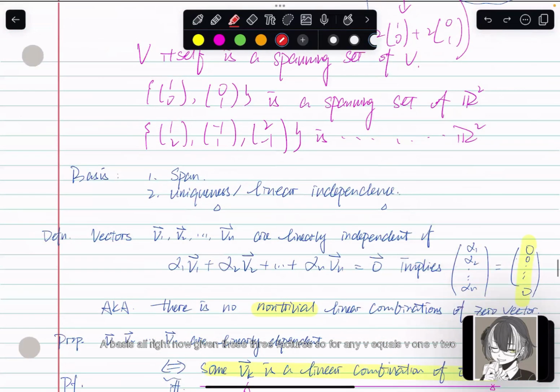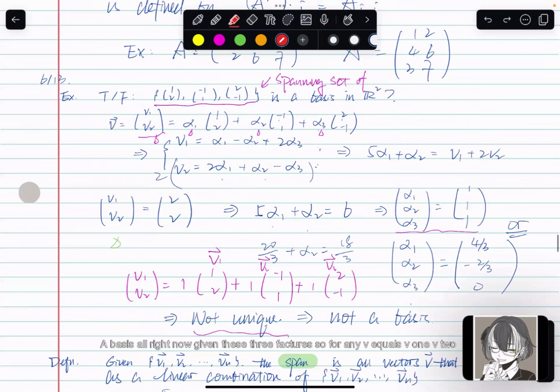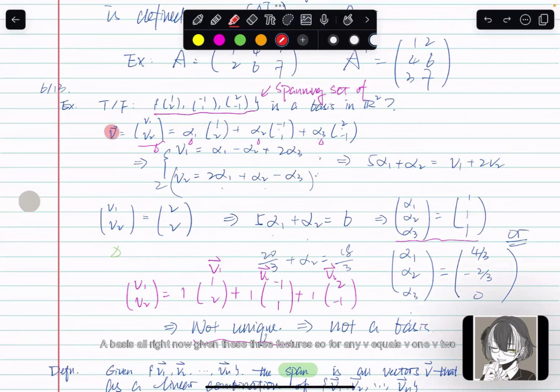All right. Now, given these three vectors, for any v equals (v1, v2), we have to find a linear combination of these three vectors. Now let's see if we can find that. Set v equals alpha 1 times the first vector, alpha 2 times the second vector, alpha 3 times the third vector.